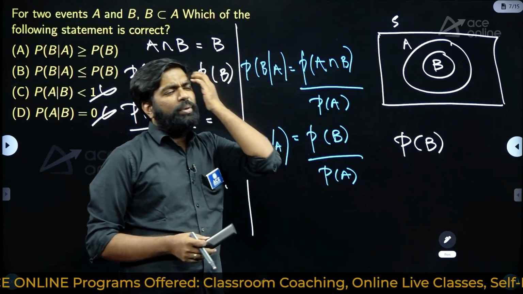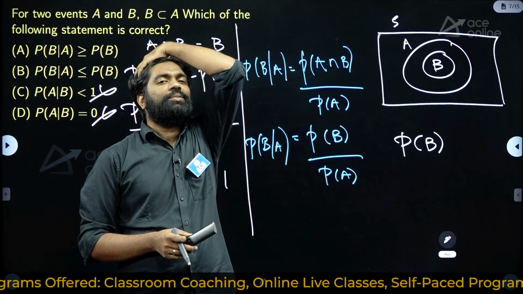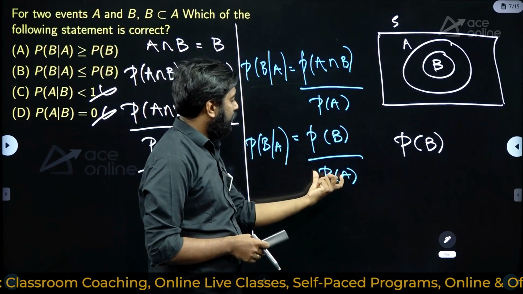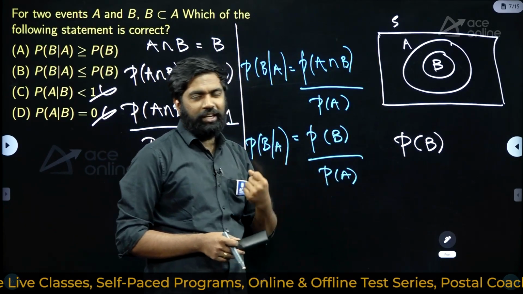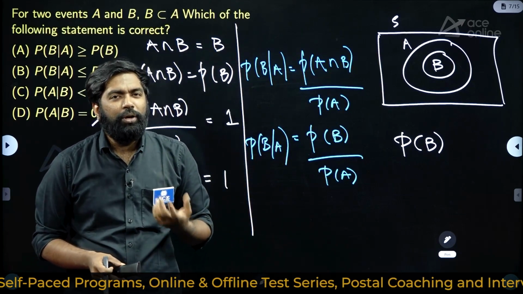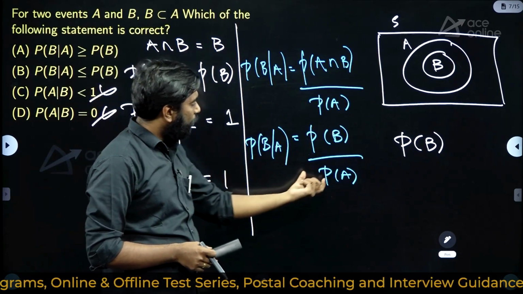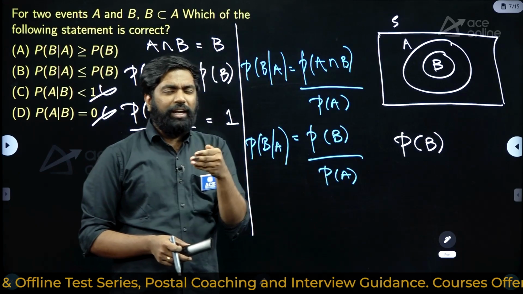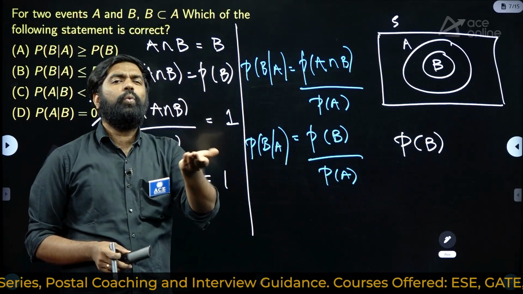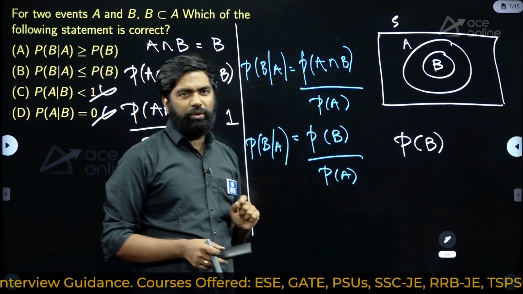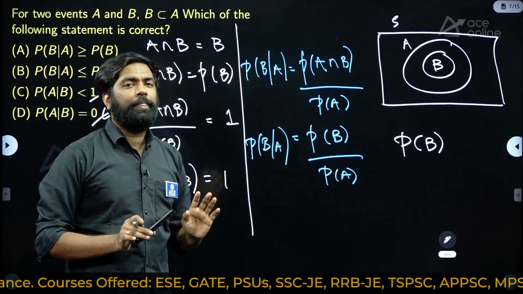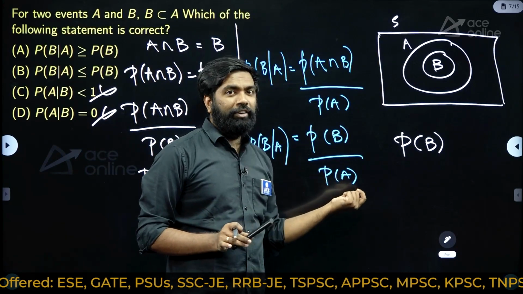So you might be confused with these things. Let's look at this. What's the difference between this and this? The difference is that in the denominator we have P of A. Sometimes you might make a mistake. Look, what is P of A? P of A is something between 0 and 1. The probability of any event will be from 0 to 1. For example, P of A equal to 0.5 would be good.